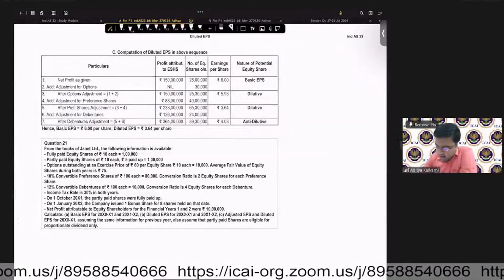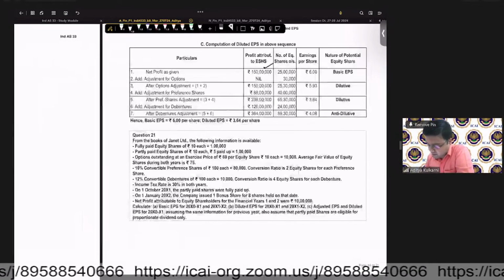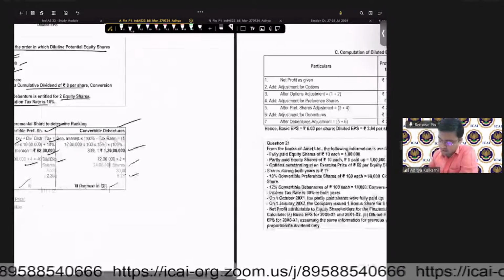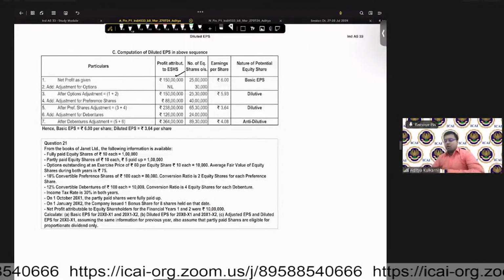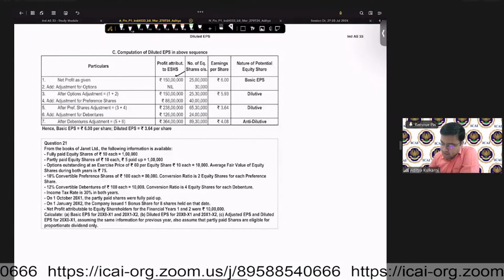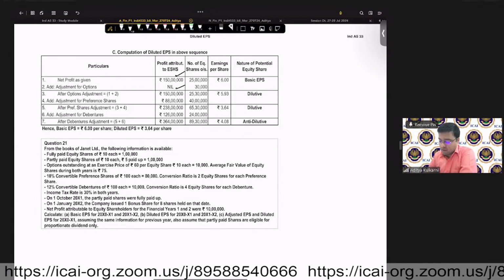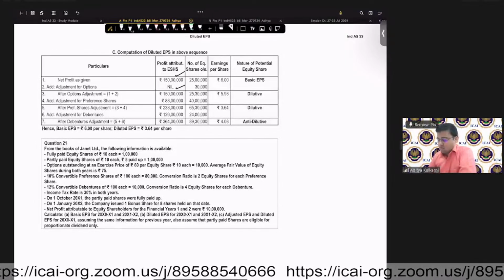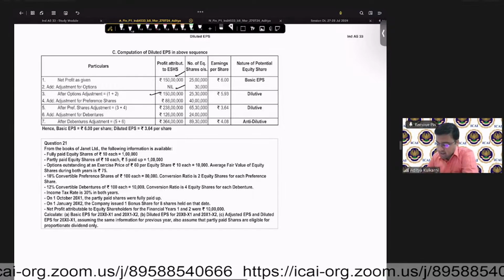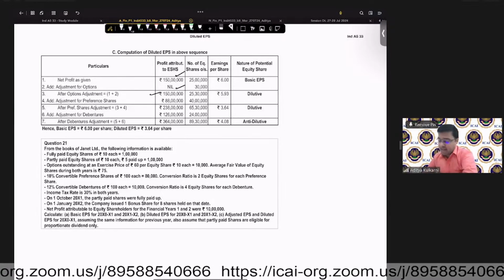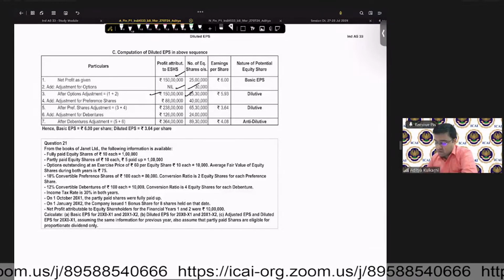So we had a profit attributable to equity shareholders of 1.5 crores. Adjustment for options: you move in that order only. Nothing gets added to profit attributable to shareholders, so it remains at 1.5, but the number of shares gets added, 30,000. So 25 lakh 30,000.